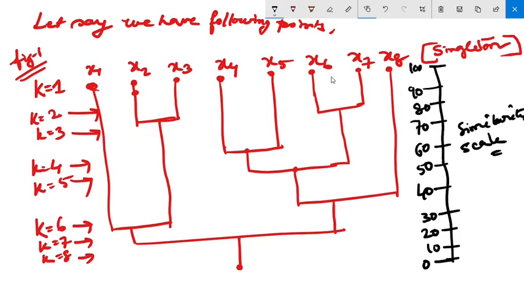Okay, so here you are showing one dendrogram for a simple problem involving 8 samples x1 to x8.